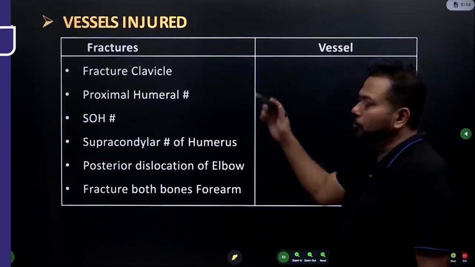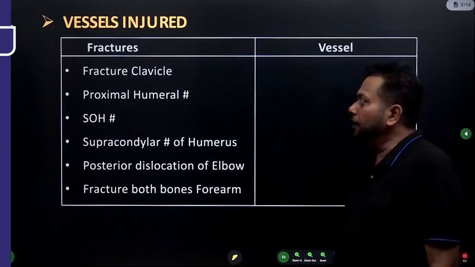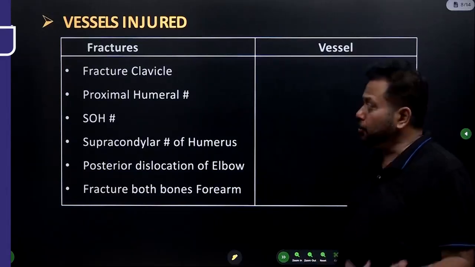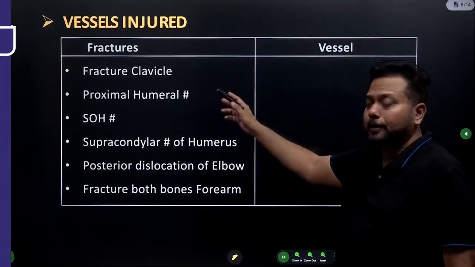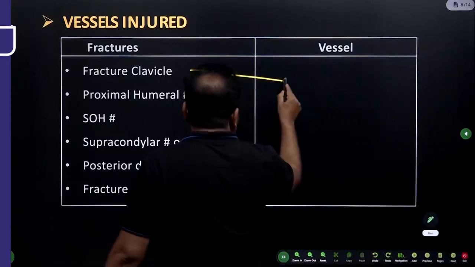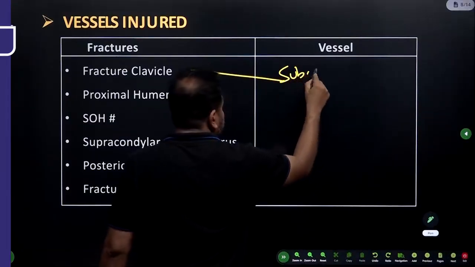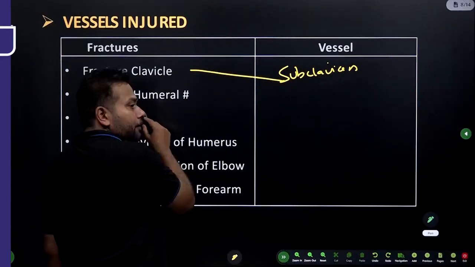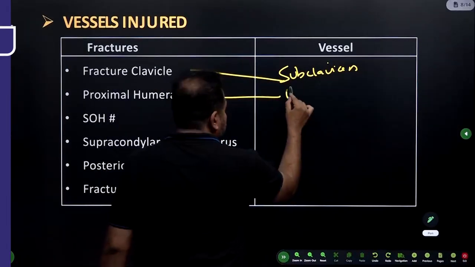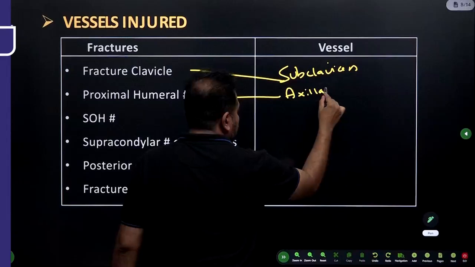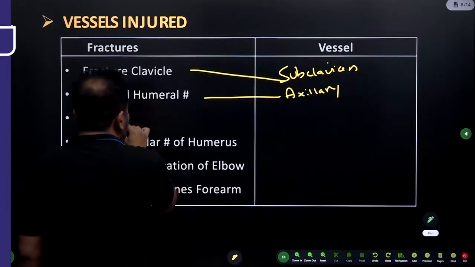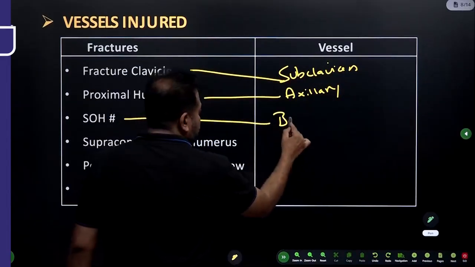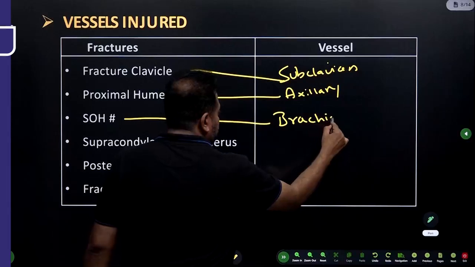Now coming to a revision of upper limb trauma, the most common vessels injured. In fracture clavicle, it is the subclavian artery. In proximal humerus, it is the axillary artery. In the shaft of humerus, it is the brachial artery.